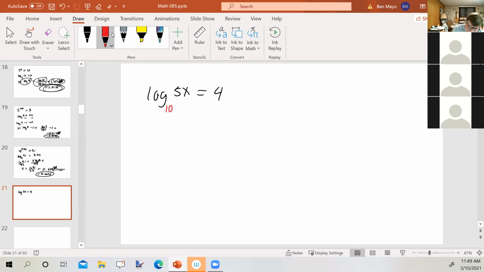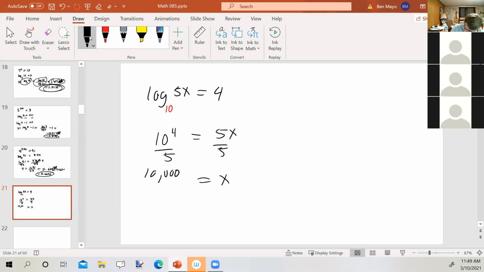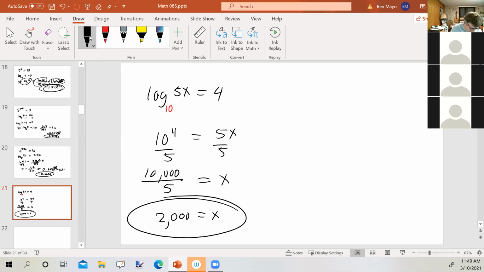Good job, 10. So now this becomes 10 to the 4th power equals 5x. Divide both sides by 5. x equals, let's see, 10 to the 4th power would be 10,000. Divided by 5, x would be 2,000. Questions there?